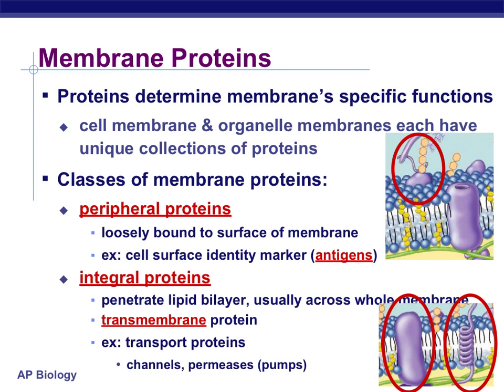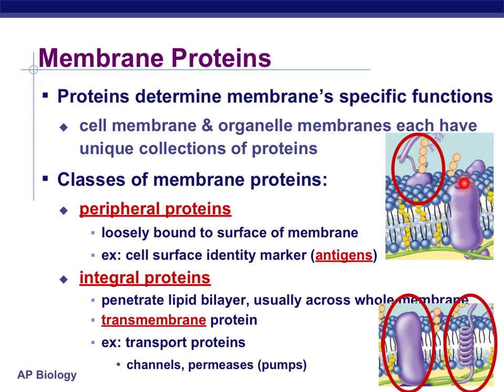So again, the proteins are really important. They're going to determine the specific functions of that cell membrane. The cell membrane and the organelle membranes each have a unique collection of those proteins, unique to whatever type of cell it might be. We've got both peripheral proteins and integral proteins. The transmembrane proteins that we talked about before are going to extend all the way from the internal environment to the external environment.